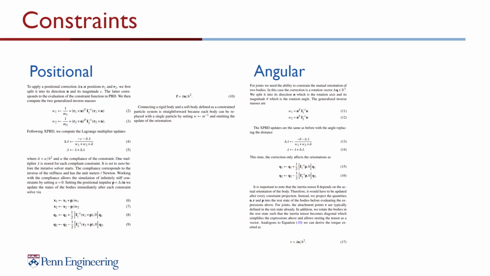And I forgot to mention that this paper is from the SIGGRAPH conference, which is the computer graphics conference. So this was originally created for realistic computer graphics, and that's why they try to make it as stable as possible, because they have to render very realistic movement in animations.